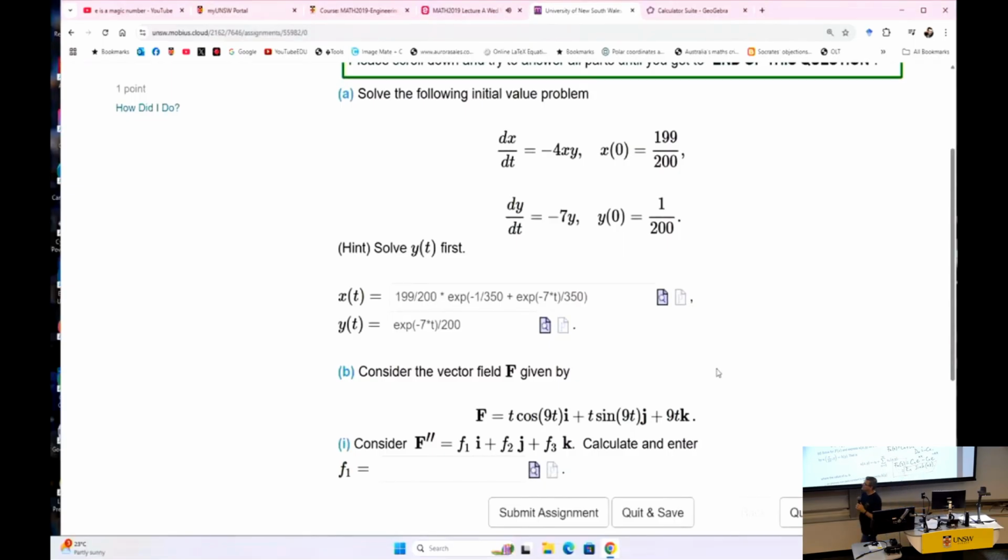I found this one a bit strange because it's a non-linear differential equation. The first one is non-linear. And so, what do you do? But the hint is important. It says solve for y of t first. So I'll just show you a little trick with that.